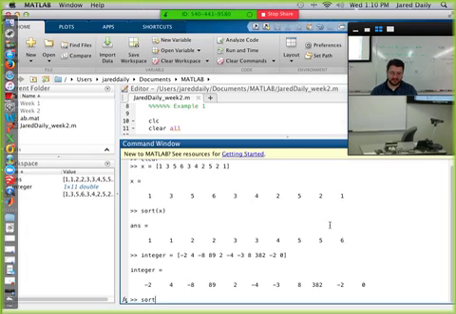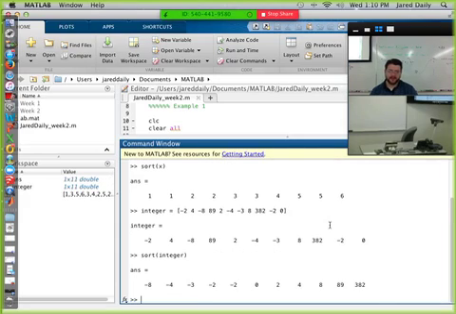Let's see what happens. You can see that it goes from the most negative number on up, and if you have repeating numbers, it just puts them together. Goes through 0 and up to the most positive number. So it knows how to deal with negative numbers as well. So that's the sort function.